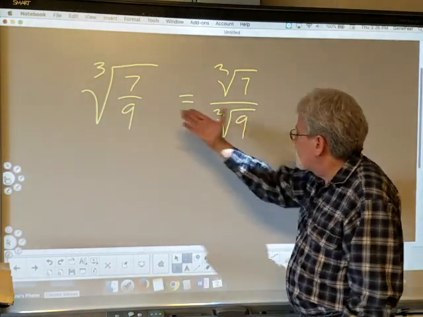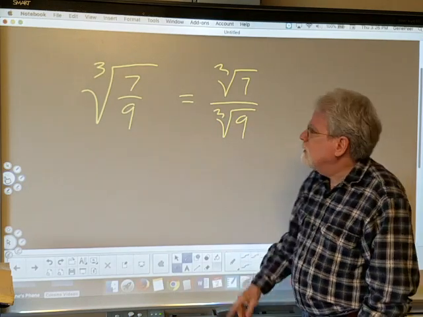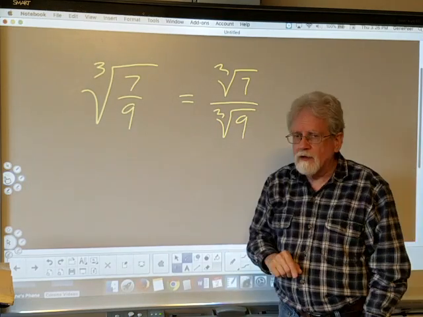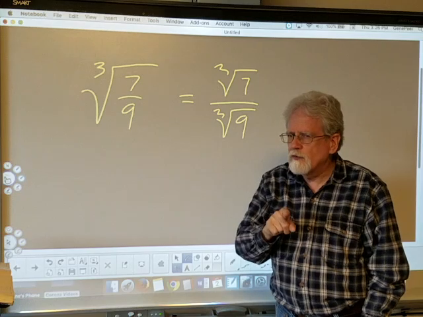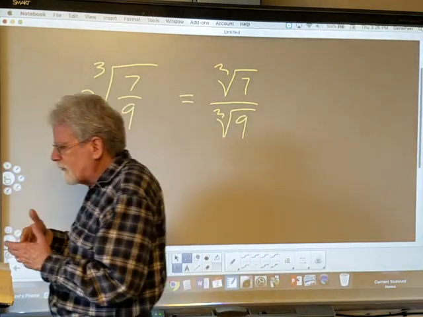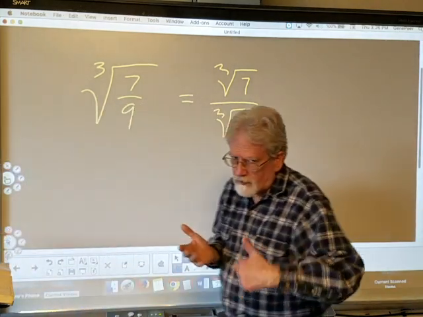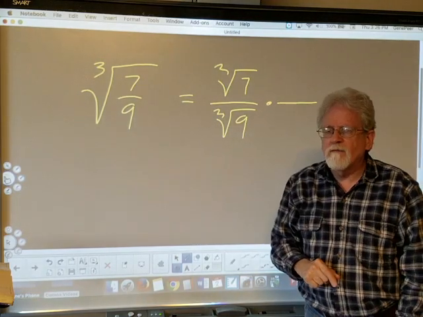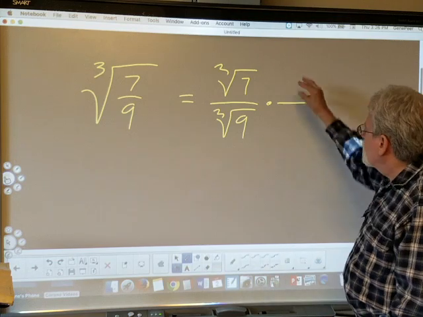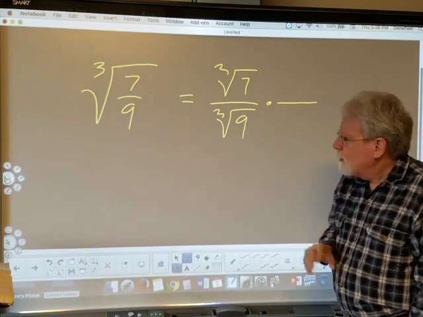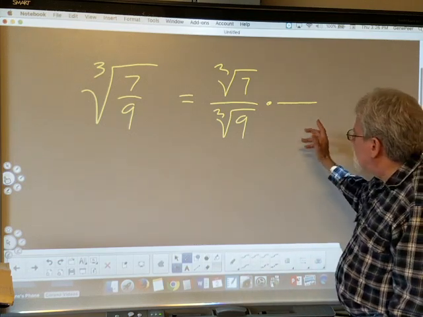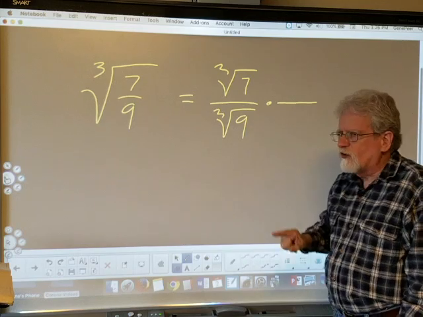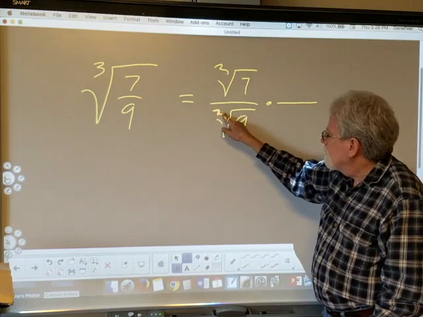Neither one of these is proper form. We need to make the denominator become rational. How do we do that? The book goes to great lengths to try to explain the process, but let me see if I can put it very simply. We're going to multiply by a fancy name for 1. Something over itself. We're going to multiply by a very clever name for 1 that's going to force that 9 to become a perfect cube.